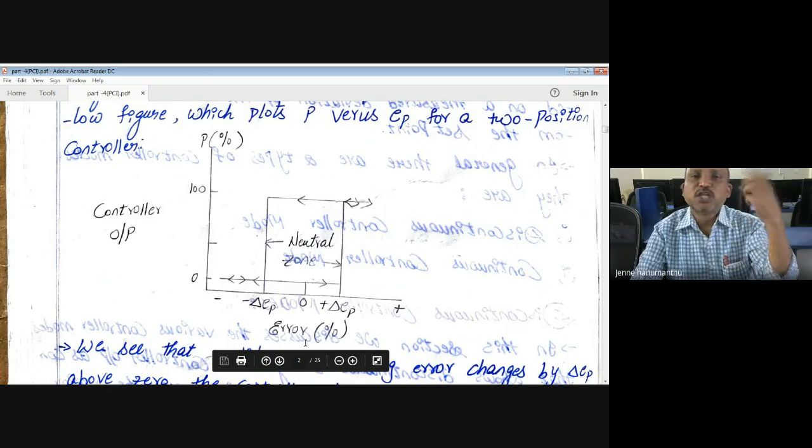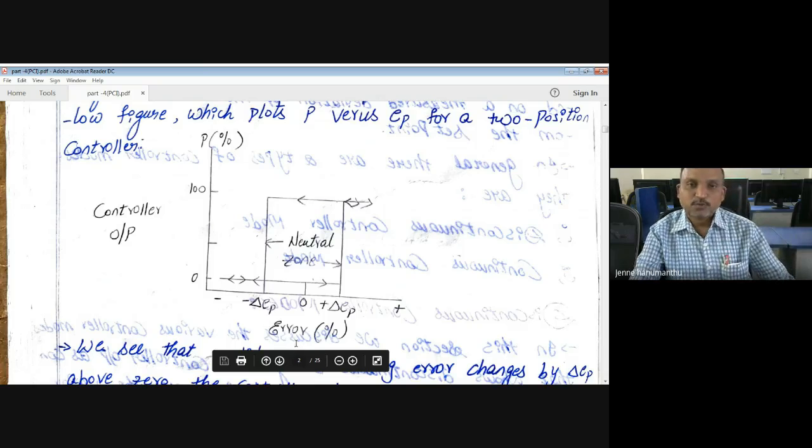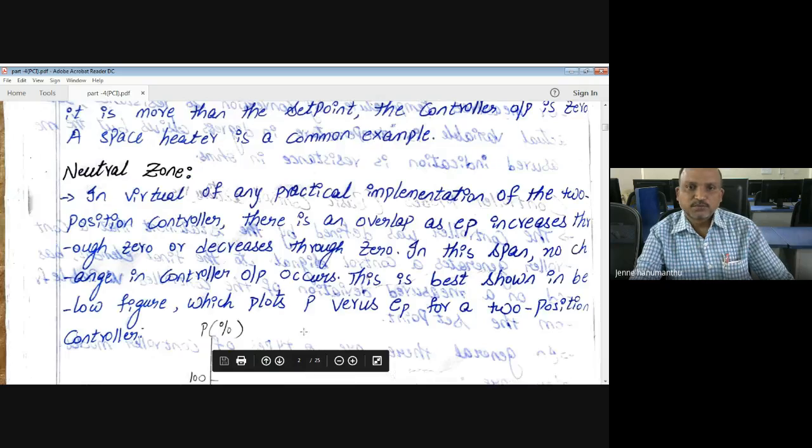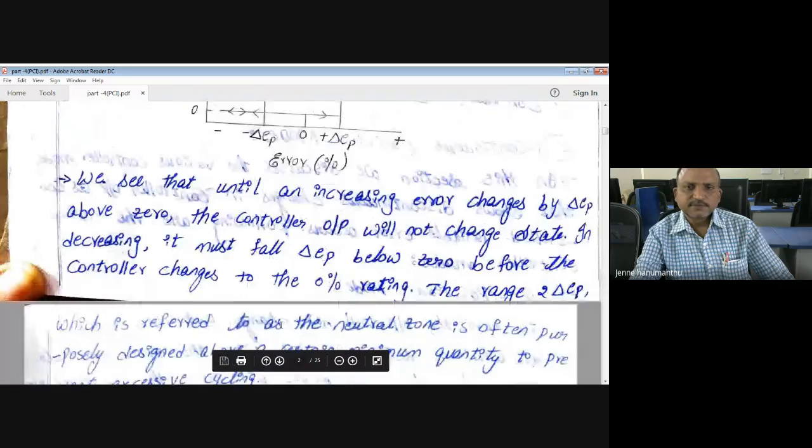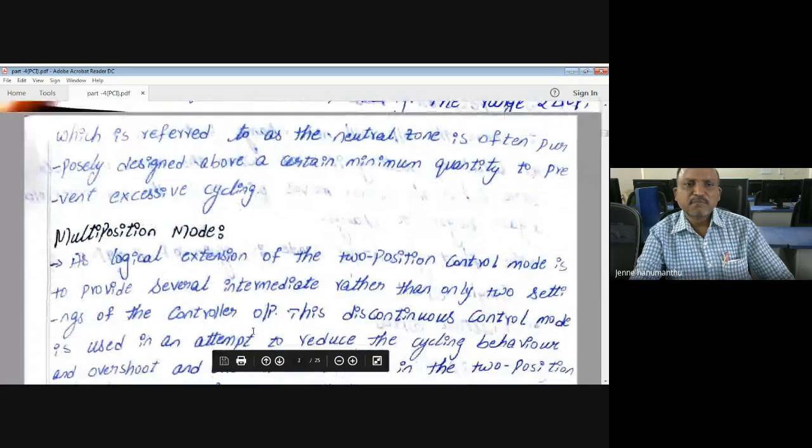That is called neutral zone. So in the neutral zone, the control action doesn't respond.